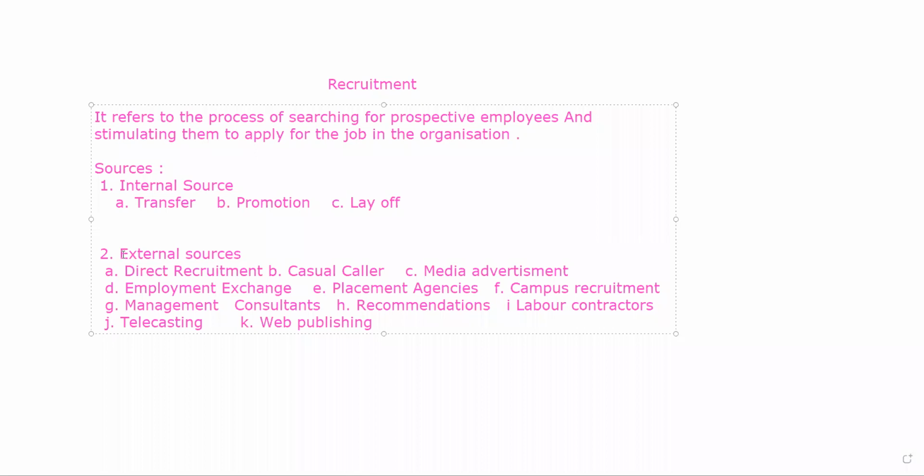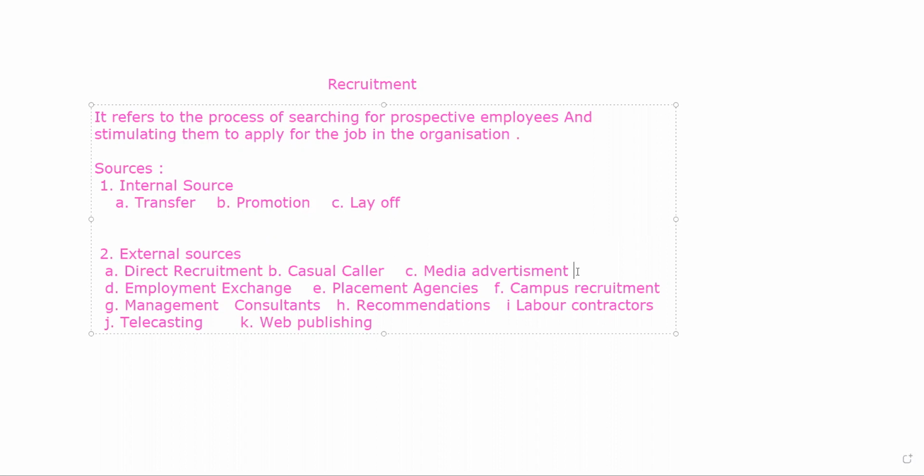Sometimes the information about the vacant place is given on the board at the gate of the factories or the workshop, or it is displayed there. And the workers who want to do the work get the information, directly go to the organization and get recruited. Then it is known as direct recruitment.